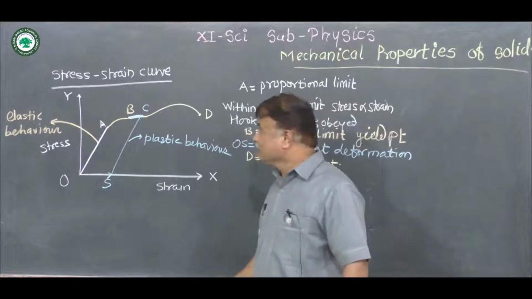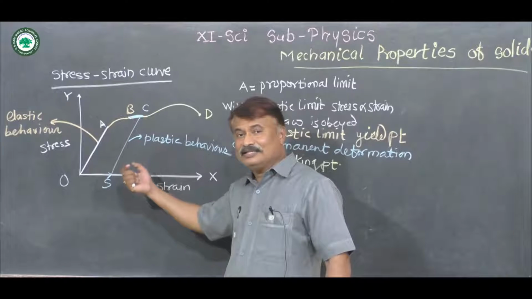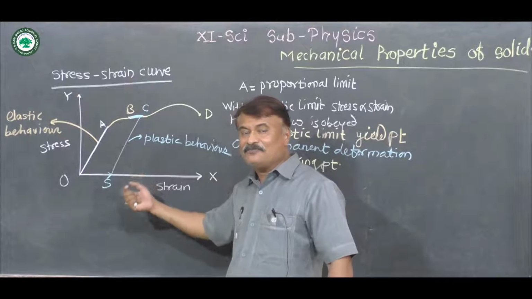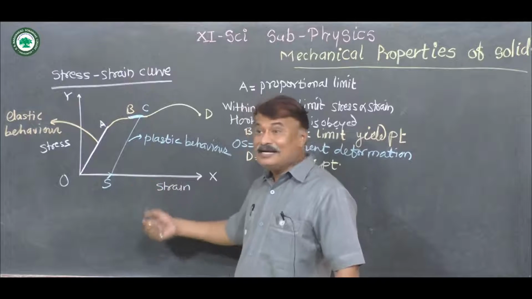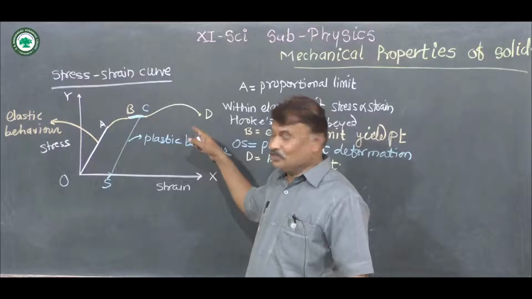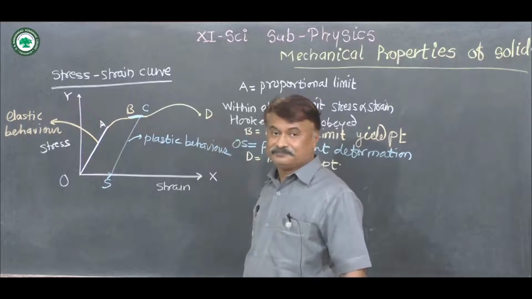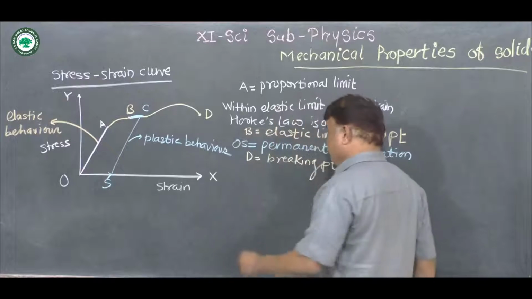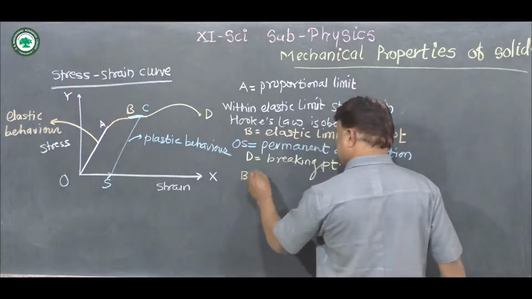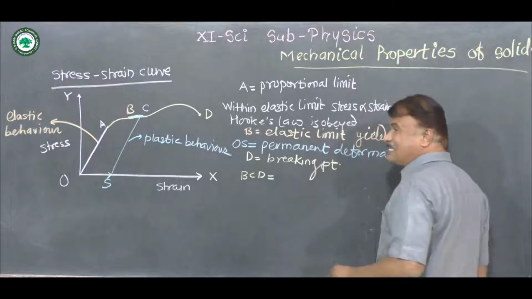So in this way, we study about this stress strain curve, if we increase the load in the wire in step of 500 gram until wire breaks. Now concentrate on this point B, C, D. This BCD is a plastic region, or that is called as plastic deformation.